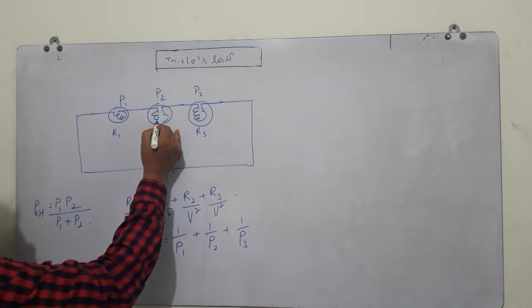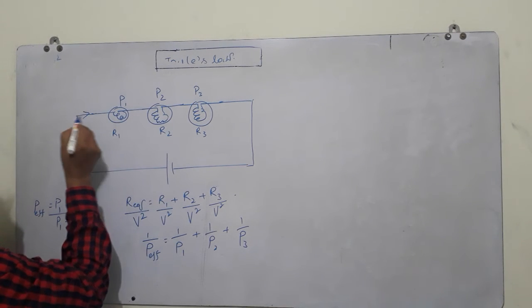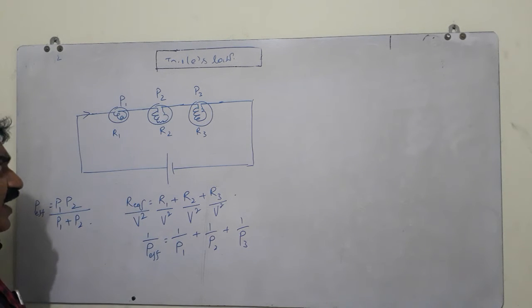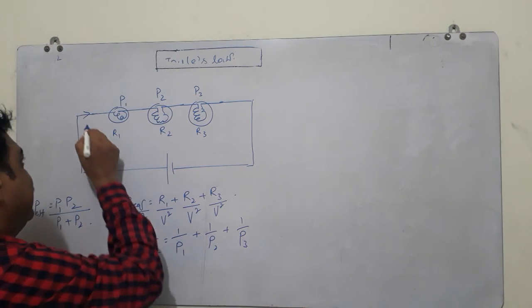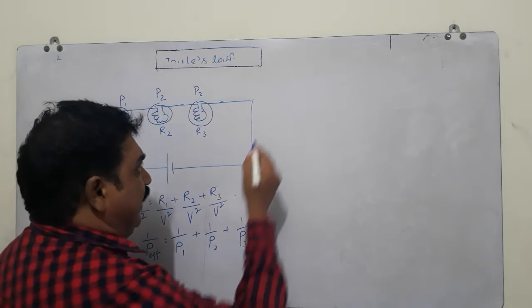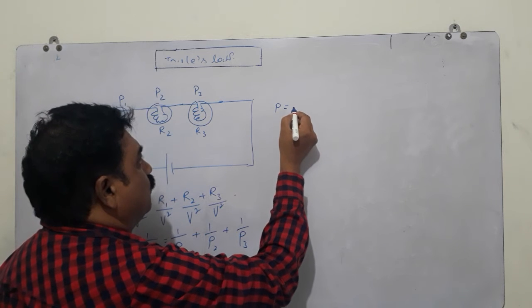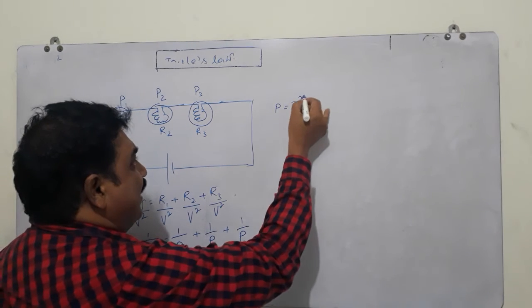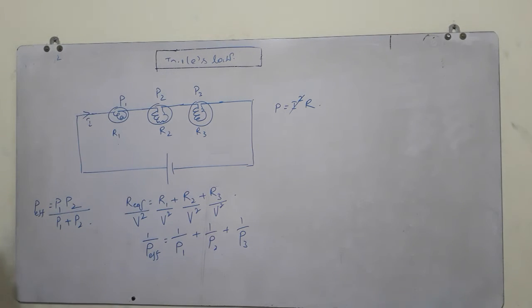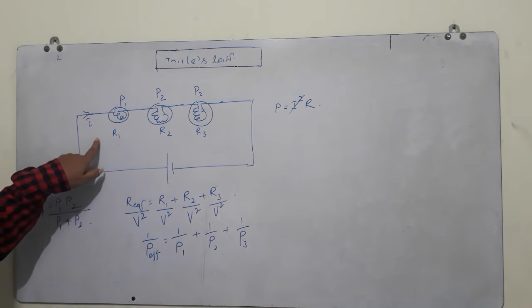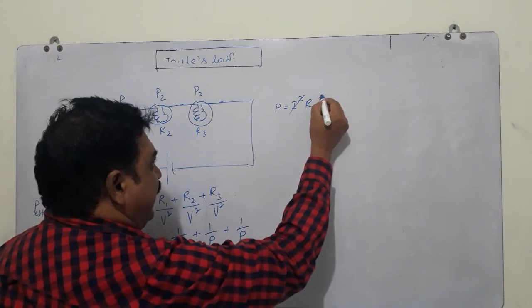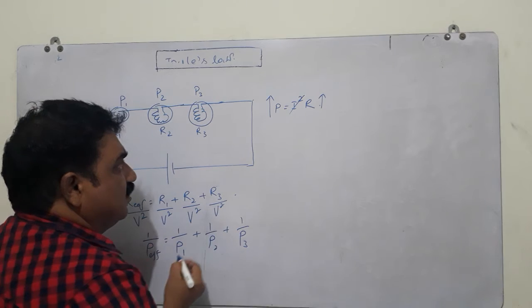In series combination, current is the same in all parts of the circuit. As we have already known, if resistance and current are given, power P is equal to I square R. See here, current is a constant one, so you can take that the power is proportional to resistance. More resistance, more power.